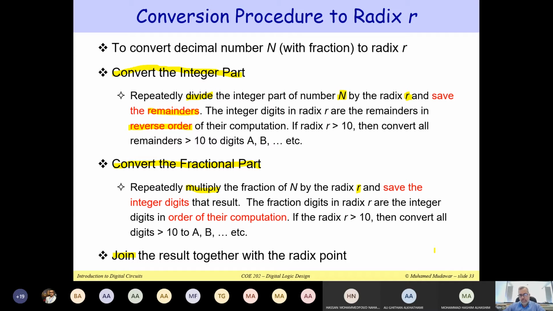This is the conversion procedure. It's simple, not really that difficult. You just need to practice this. There are many exercises at the end of chapter 1. So go to your textbook and do these exercises and look at their solutions. They are available in the appendix.